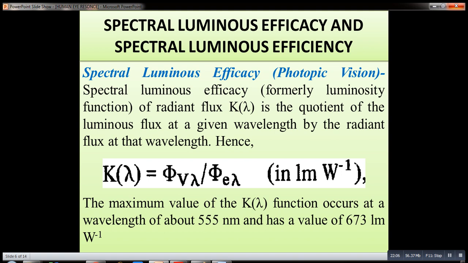The luminous efficacy of a source is the product of how well it converts energy to electromagnetic radiation and how well the emitted radiation is detected by the human eye.